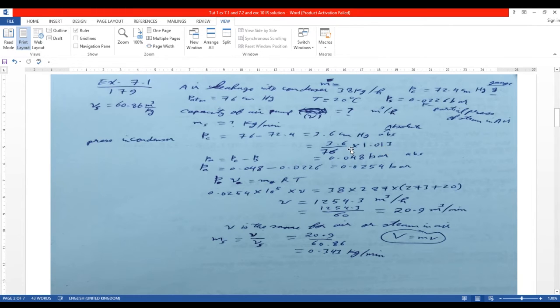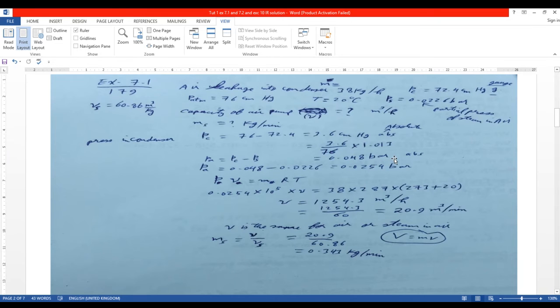So always, you can quickly change from centimeter mercury to bar by dividing by 76 centimeter, or 760 millimeter if this is in millimeter, times 1.013. Then this will change the partial pressure in the condenser into bar, which is equal to 0.048 bar.